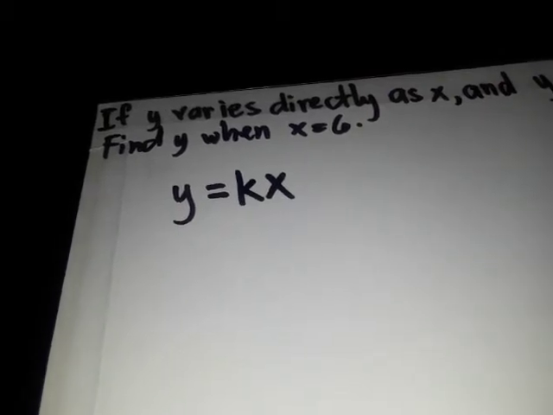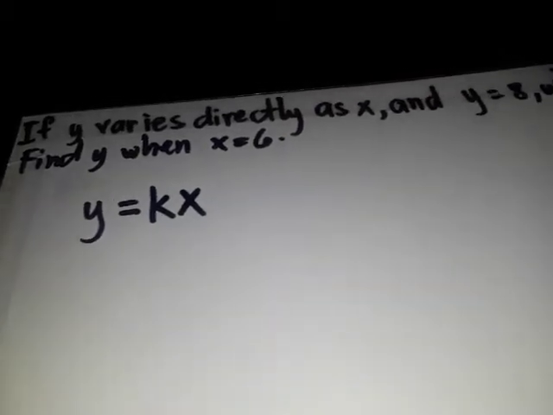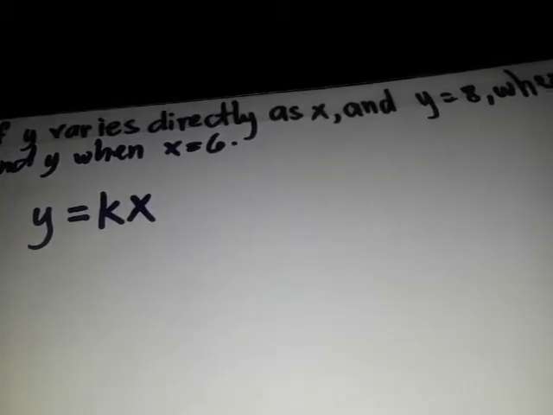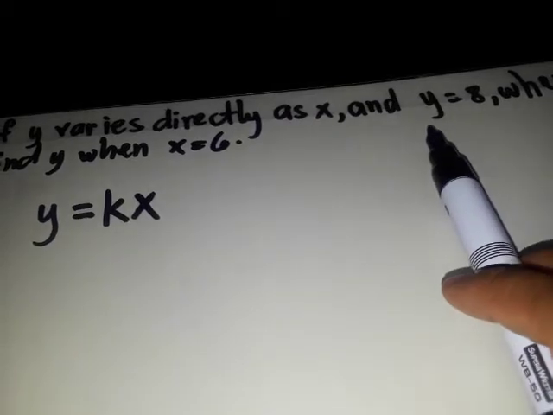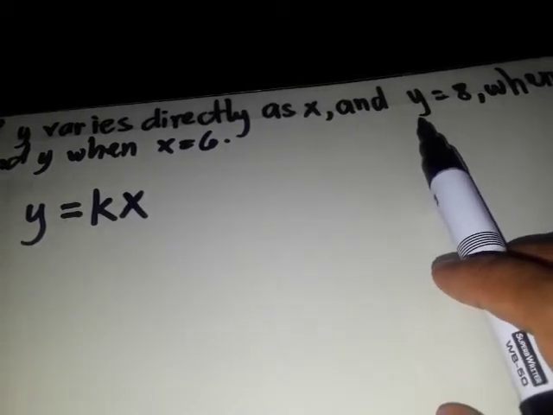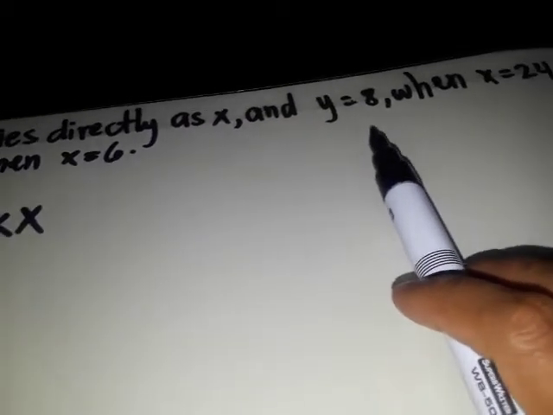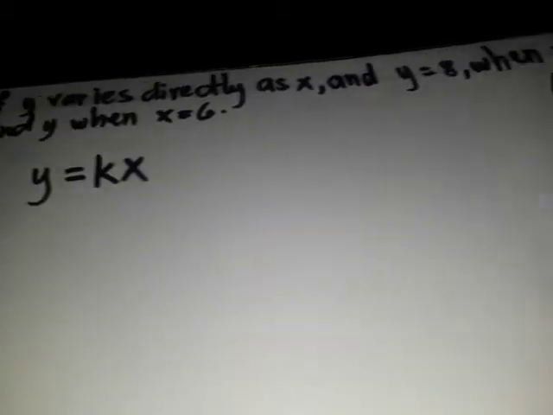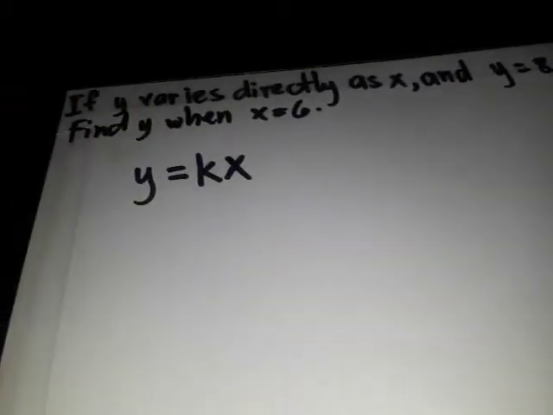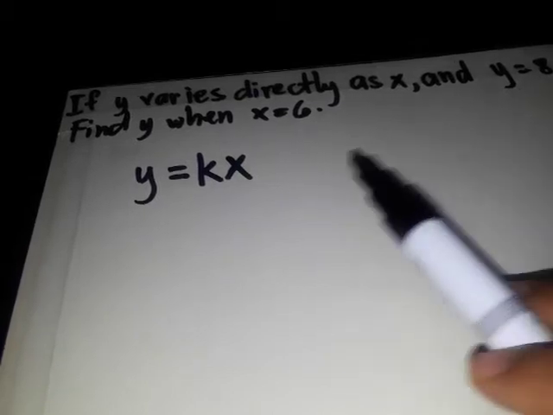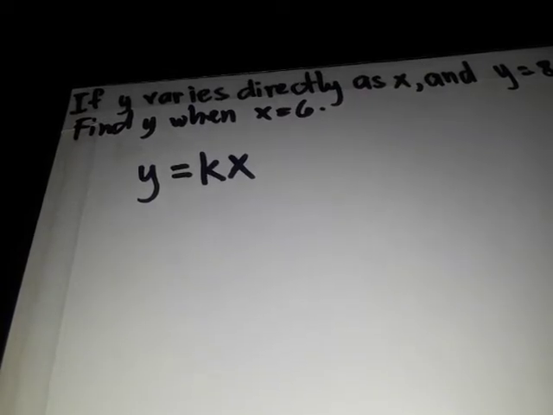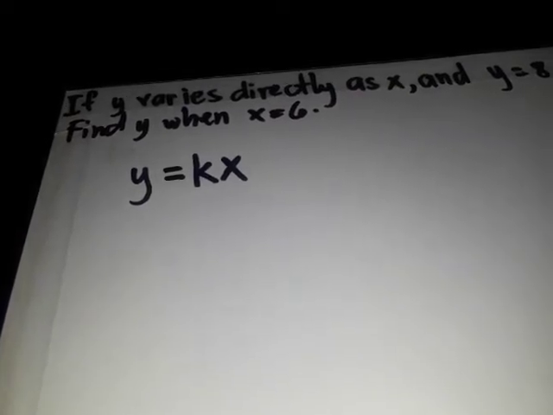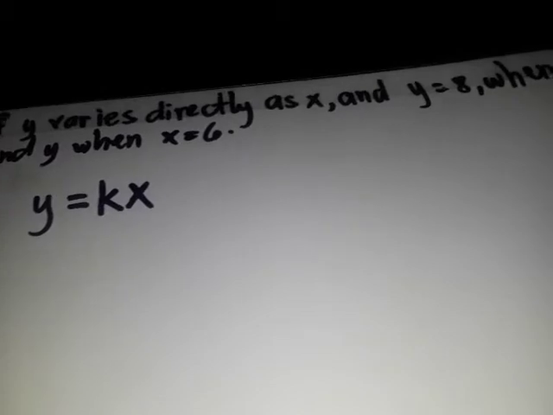Okay, so next, we're going to have the given. So what are the given? In here, meron tayo y is equal to 8, and then when x is equal to 24, find y when x is equal to 6. So first, we need to find k. By how? Gamitin muna natin yung first two given here.